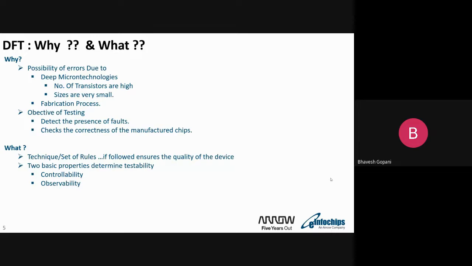Once we have defects, what is the next thing? Defects can represent certain faults in our chip, and based on testing, we can check the correctness of the manufactured chips.